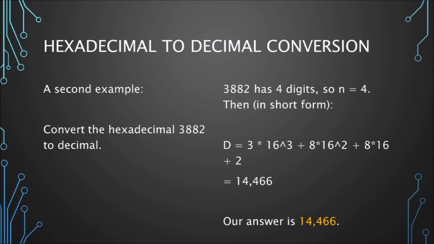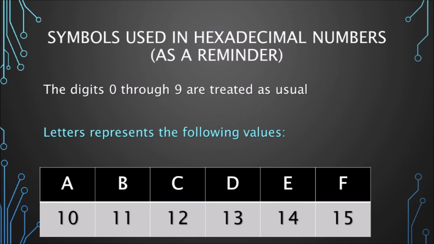The hexadecimal 3882 has 4 digits, so our decimal will have 4 multiplications. 3 times 16 to the third power, plus 8 times 16 squared, plus 8 times 16, plus 2 for the decimal form of 14,466. To remind ourselves, hexadecimal numbers are represented with 16 values, with A being 10, B being 11, C 12, D 13, E 14, and F 15.